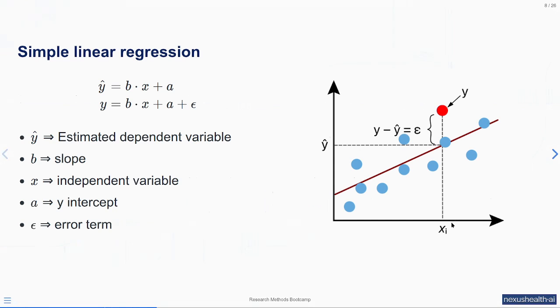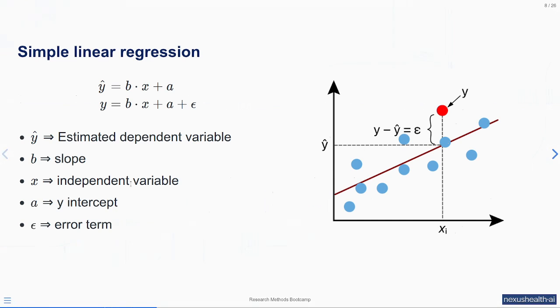However, the actual observed value is given to us here by y. The error term, therefore, is the difference between y hat, the estimated value, and the actual observed y, represented on this diagram as this red dot. The difference is the error term, epsilon.